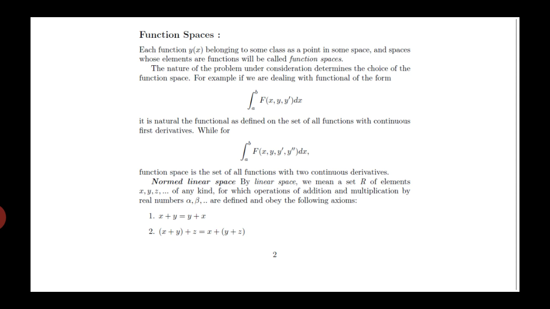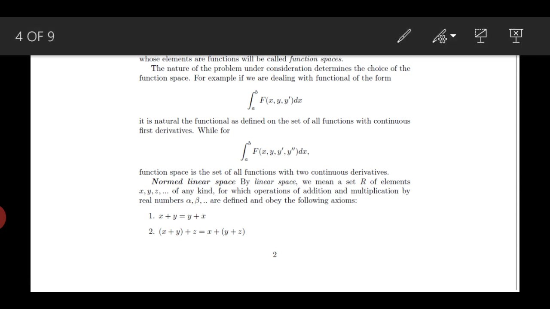Let us suppose you are given a functional of the form integral from a to b of F(x, y, y') dx. This functional demands that y and y' should be continuous, and that is to say that we should choose a function space where functions are continuous and their first derivative is also continuous.